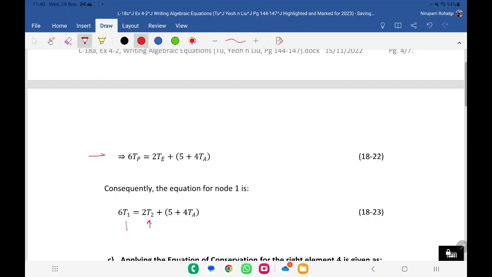Sorry, Tp is 0.1. Te on the east is 0.2, and Ta you have here. So you get this equation, and a similar equation you will get for point 4. Okay.